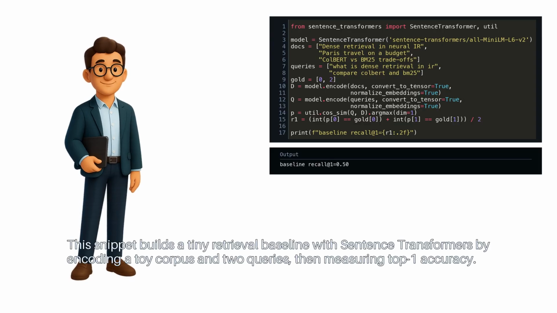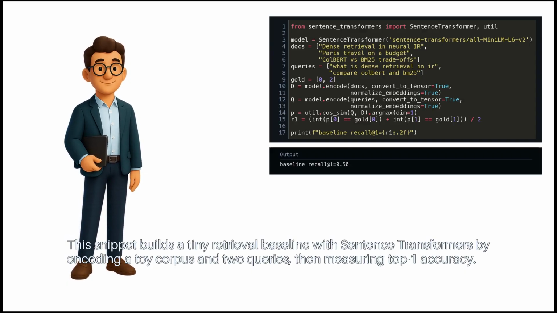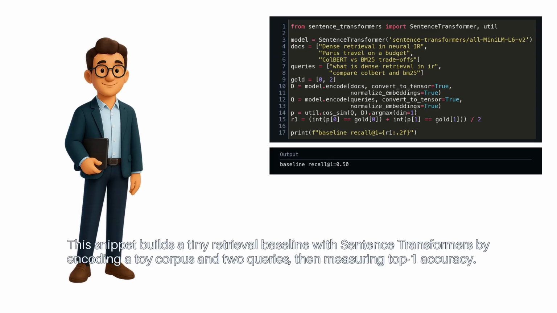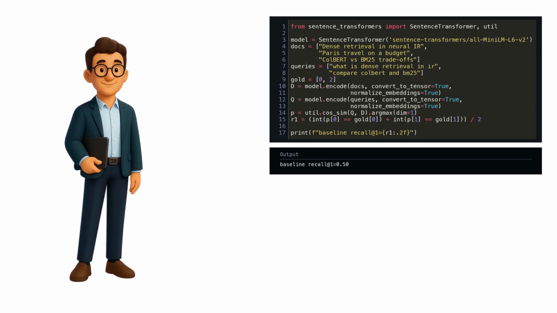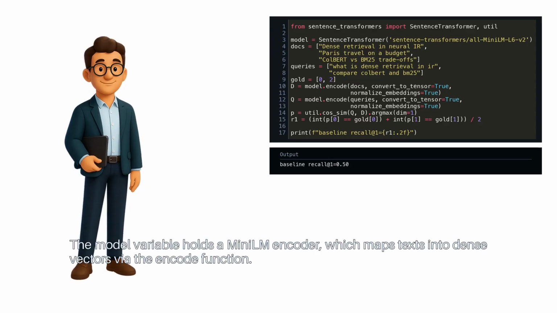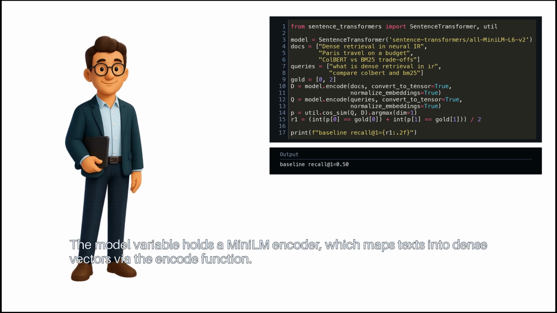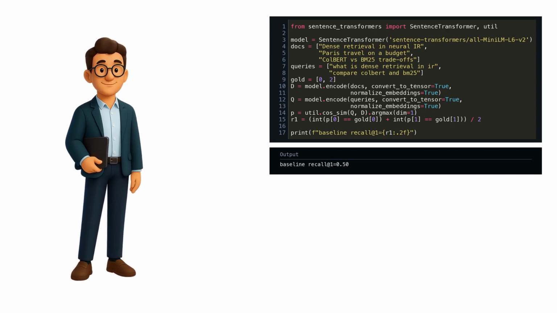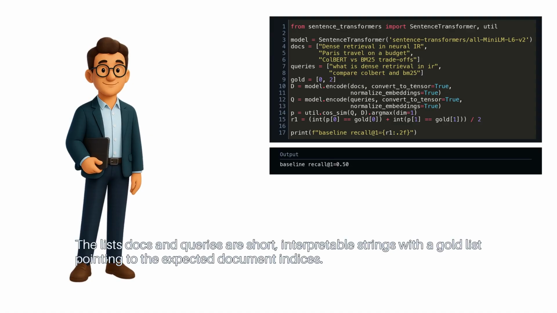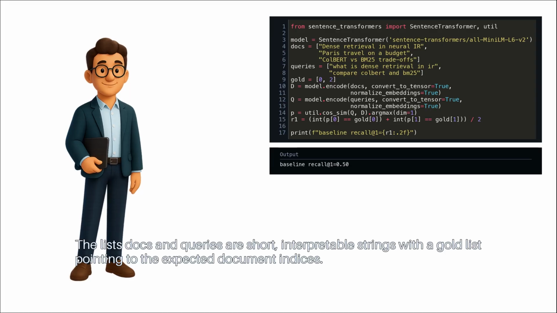This snippet builds a tiny retrieval baseline with sentence transformers by encoding a toy corpus and 2 queries, then measuring top 1 accuracy. The model variable holds a MiniLM encoder, which maps texts into dense vectors via the encode function. The lists, docs, and queries are short interpretable strings with a gold list pointing to the expected document indices.